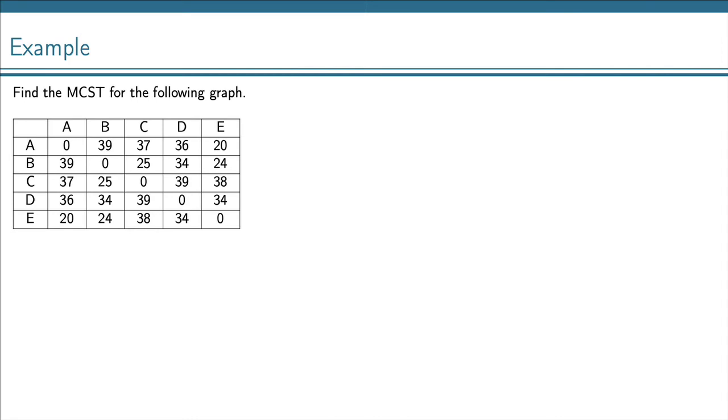Now, when we've got just a table that shows us our edge weights, we can do the same thing that we did with our sorted edges algorithm. We're going to go ahead and just cut out half of our values because we don't need them. We have all of these connections represented in the top half. And we're going to just draw, in a circular pattern, our vertices, A, B, C, D, and E. And we begin by adding our smallest weight edge.